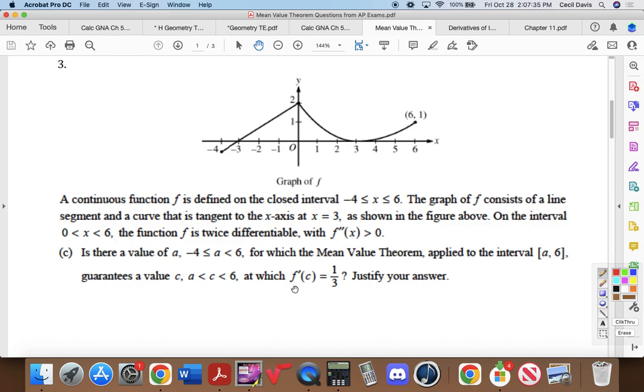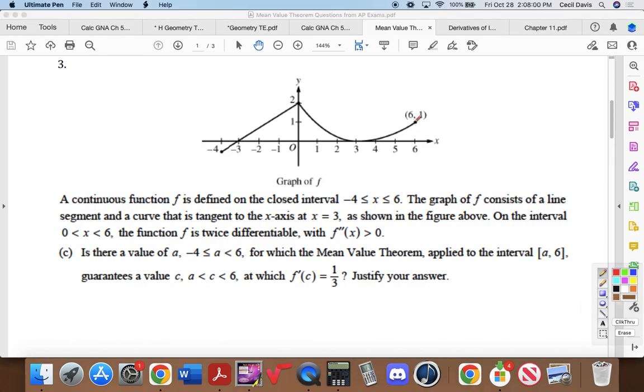All right, well, this is an instantaneous rate of change, right? The mean value theorem says that on some interval, the instantaneous rate of change is equal to the, what's the other part supposed to be? The average rate of change. So I need to look for a place where the average rate of change is 1/3.